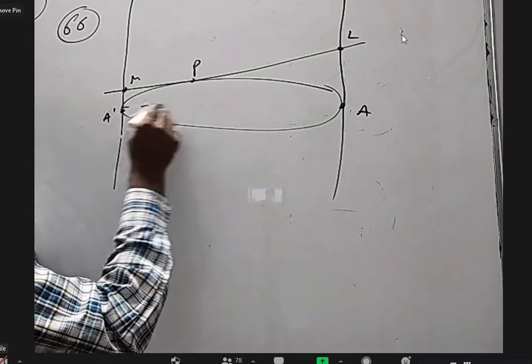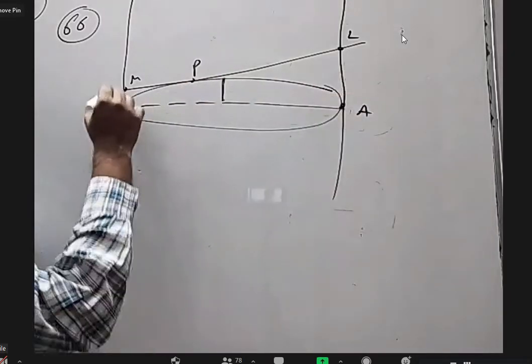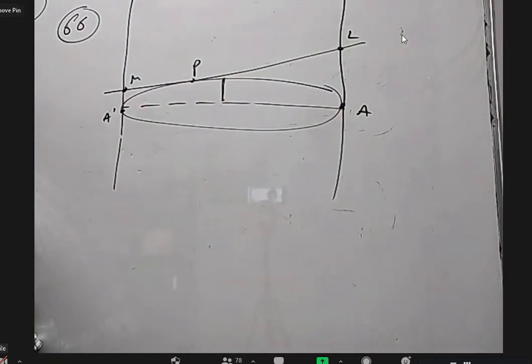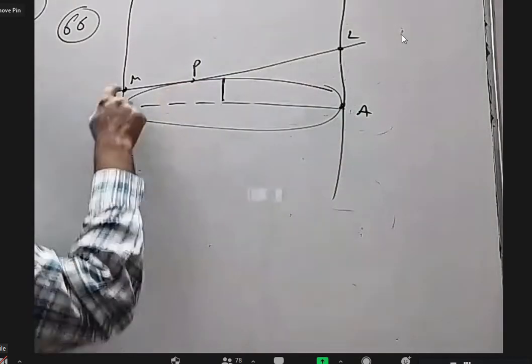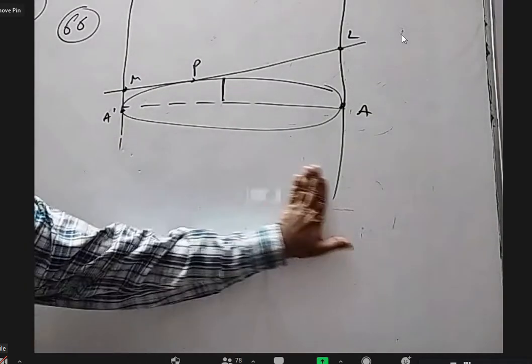B. This is B, if you draw horizontal, this is also B. So what is AL into A dash M? B into B, B square. So telling the answer is very, very easy in an objective question. But proving, we have to do a little bit.